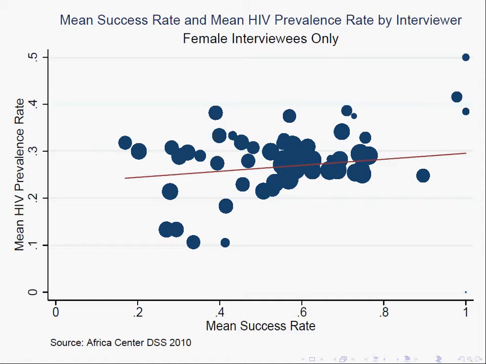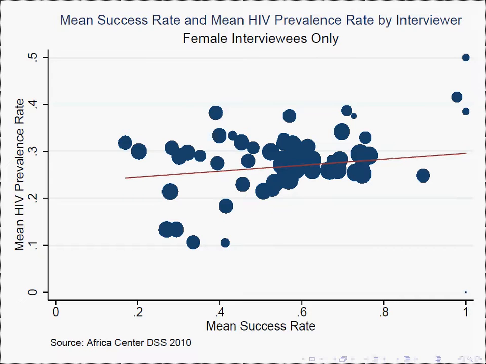So in this graph, I'm showing you, for each interviewer, the proportion of respondents for that interviewer who accepted the test. So this is on the x-axis here, this is the success rate. And on the y-axis, among the interviewees for that interviewer who consented to test, what was their HIV prevalence rate?